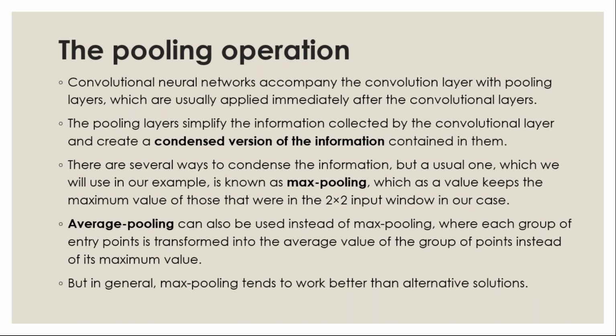Next, come to the pooling. What is a pooling operation? The pooling is performed immediately after the convolution operation. In a single hidden layer, see here, imagine you have 2 hidden layers.